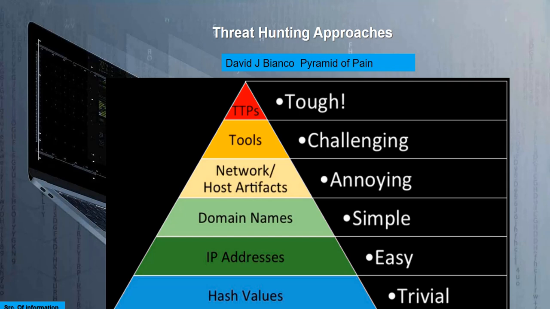The width of each level reflects the number of possible indicators of this type, whilst its color and position show how much hassle or pain, as it is called, may cause an attacker when their indicators are detected and blocked. For instance, blocking IP addresses or C2 domain names will cause minor irritations to an attacker, since IP addresses can be easily changed and new domains can be registered.